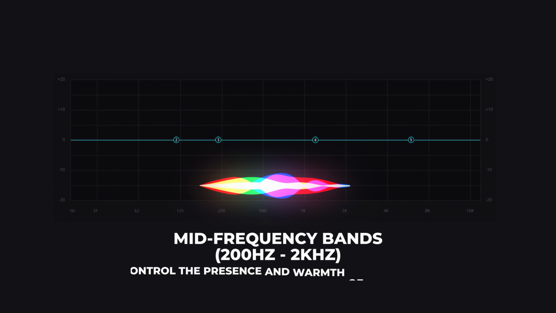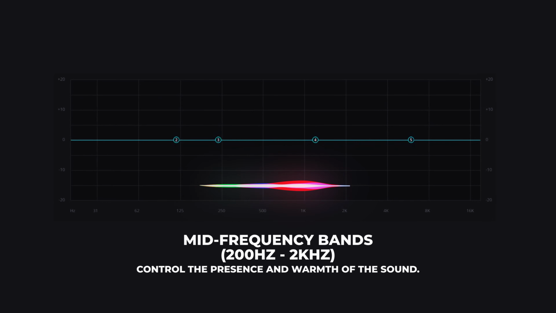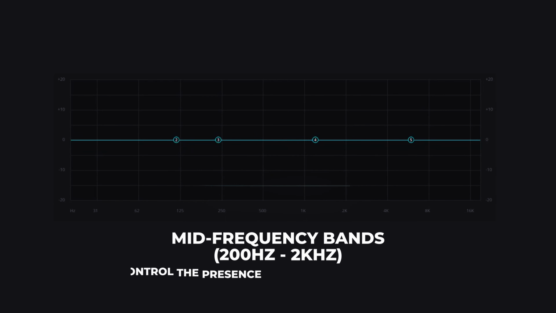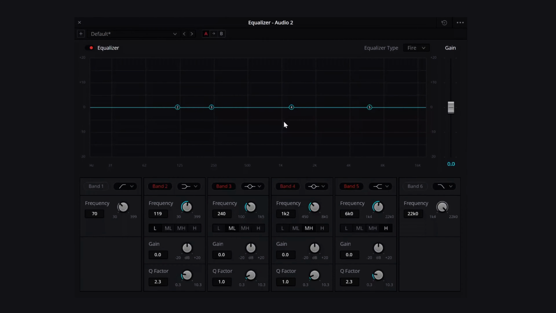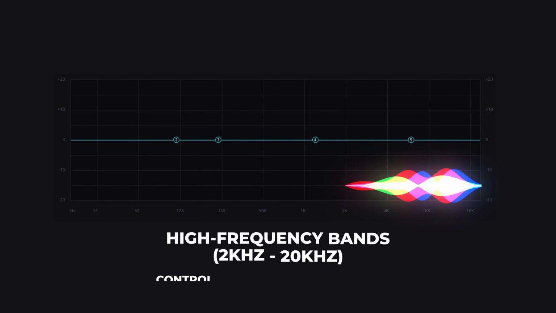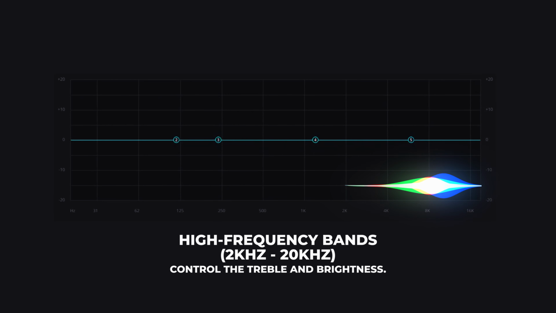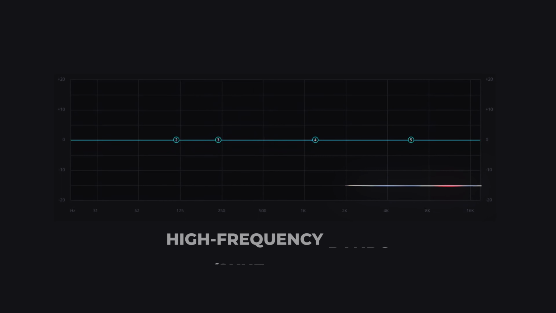Mid-frequency bands between 200 Hz and 2K control the presence and warmth of the sound. The high-frequency bands between 2K and 20K control the treble and brightness.